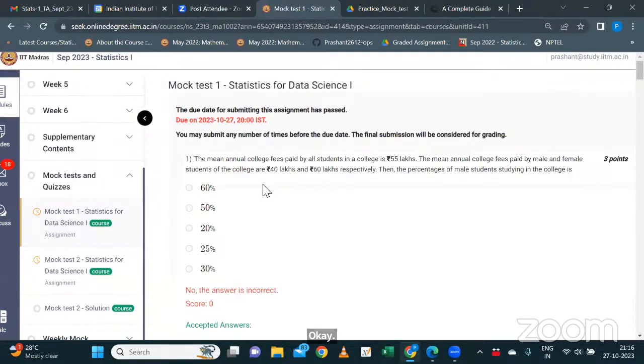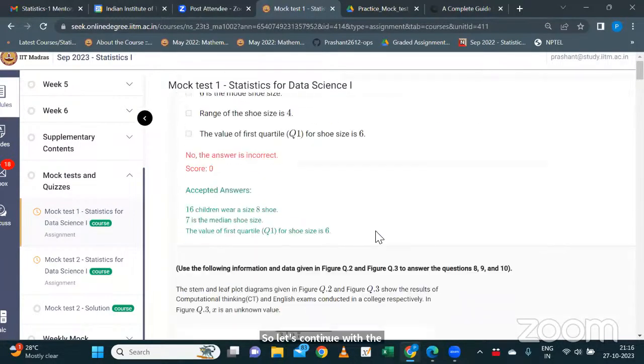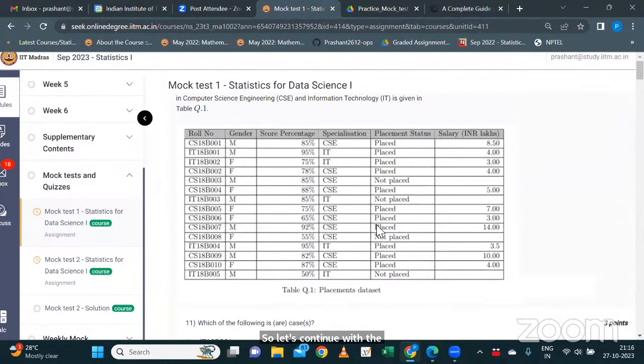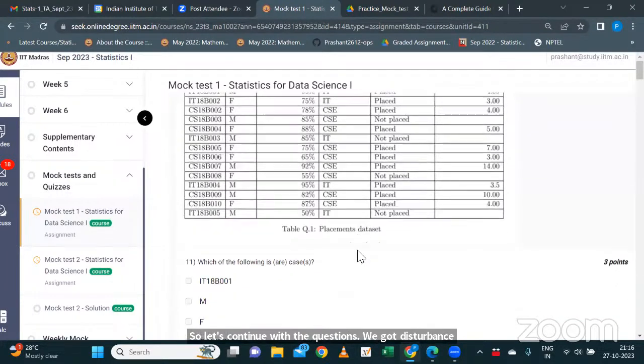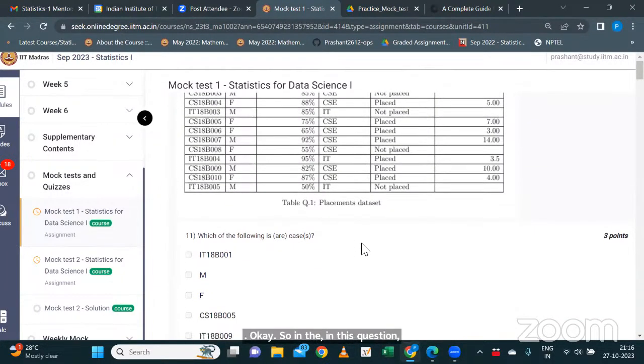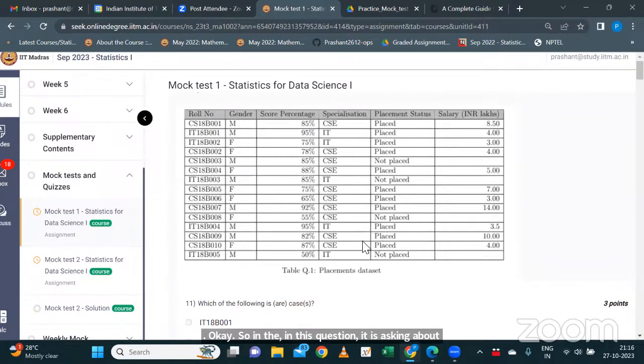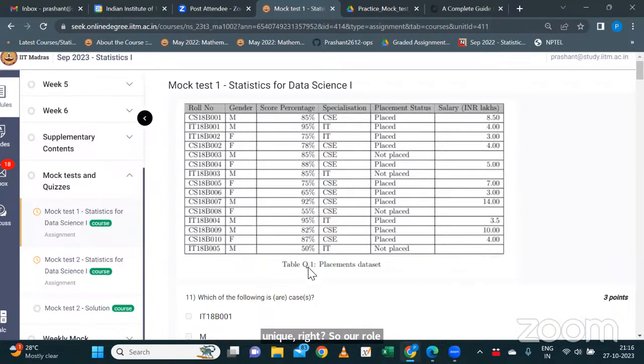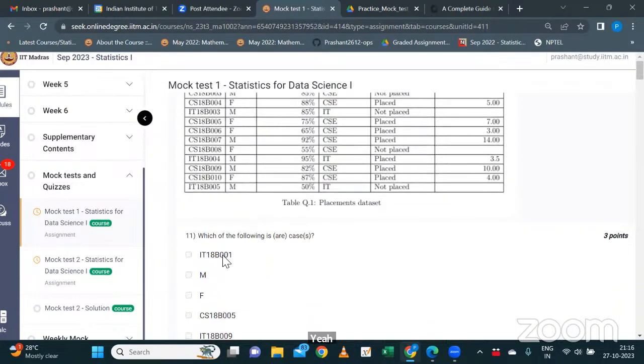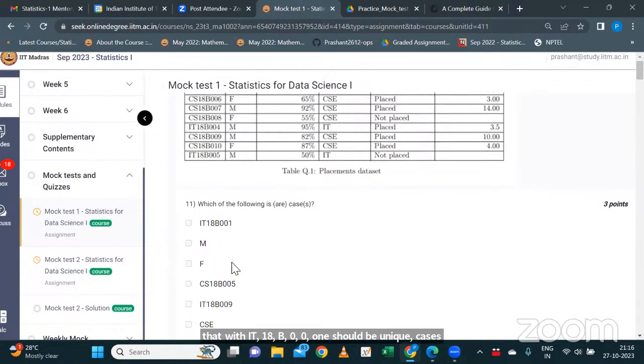So let's continue with the questions. Okay, in this question, it is asking which of the following are cases. First of all, cases should be unique, right? Here roll numbers are unique. So IT 18B001 should be a case. So I mean these three, CS and IT, should be cases, right?